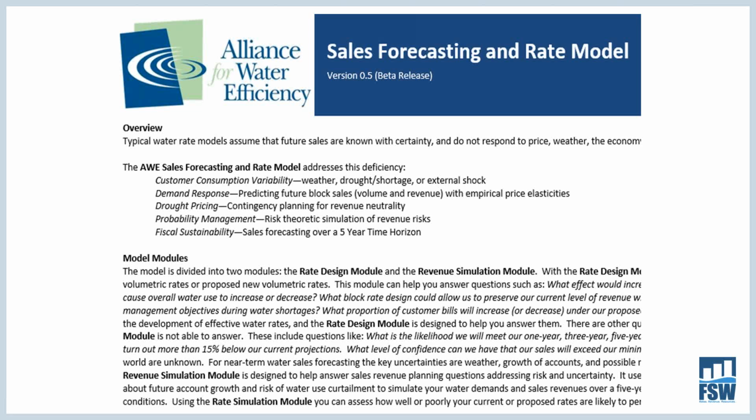affect financial planning. So I note even on the splash screen the different things that the sales forecasting and rate model addresses: customer consumption variability, demand response to changes in water rates, drought pricing.